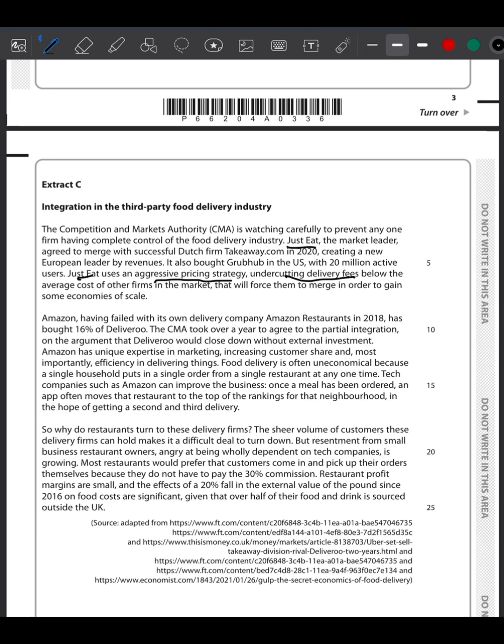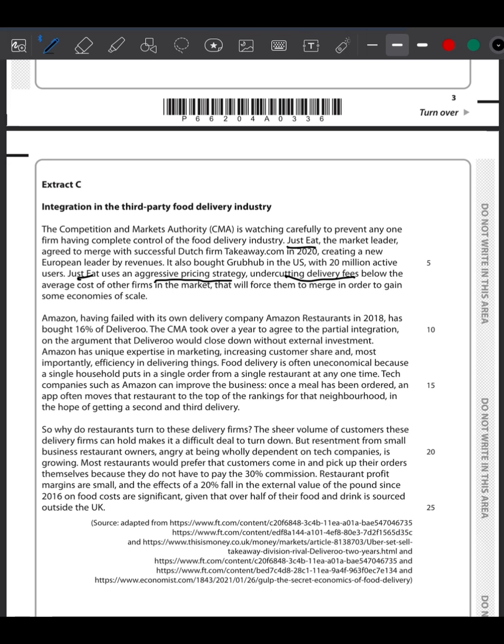So in this case, Just Eat would offer better prices to customers, and as a result, this means that undercutting delivery fees below the average cost for other firms in the market will allow consumers to pay less, therefore increasing consumer surplus.